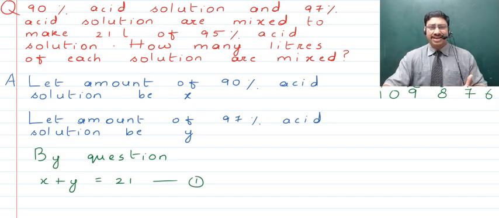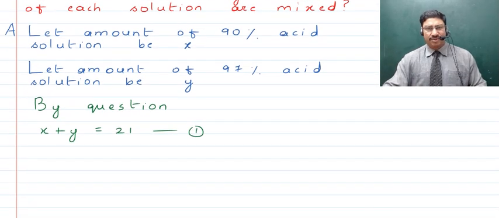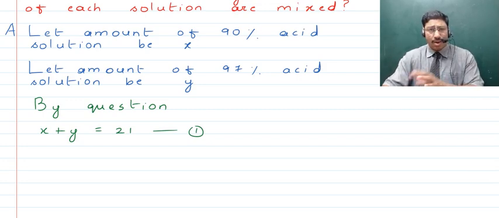That will then make a 90% acid solution. So let's talk about the amount of acid in the 90% acid solution, the amount of acid in the 97% acid solution, and then the amount of acid required in the 95% acid solution which is to be made, right?